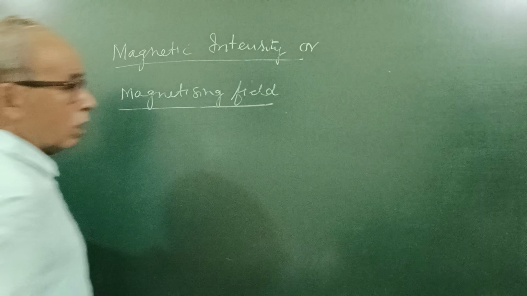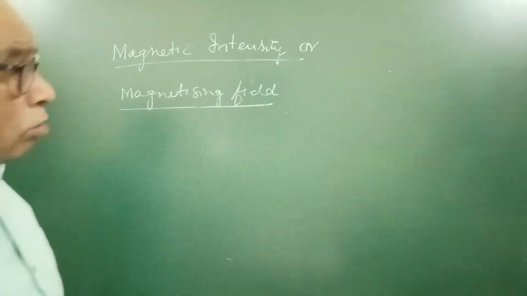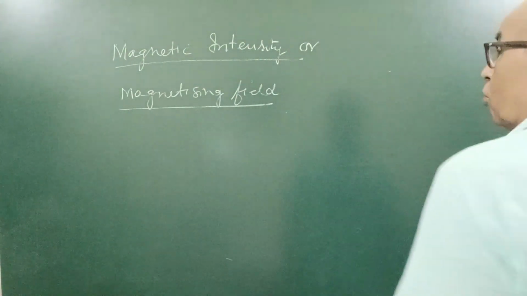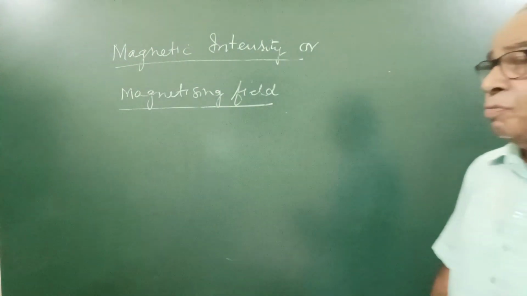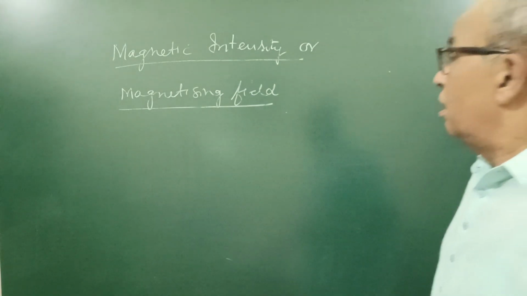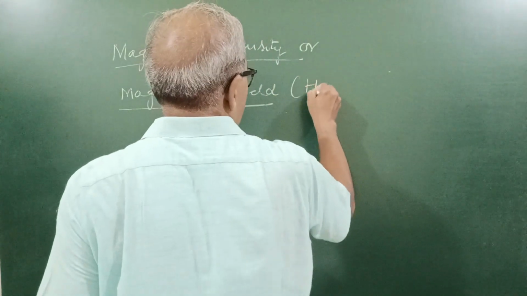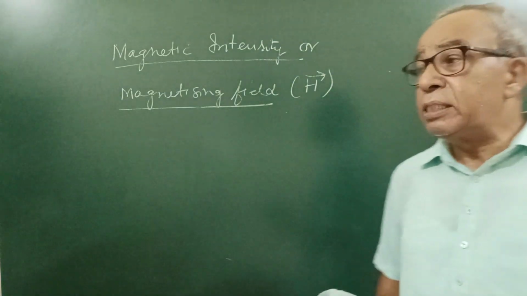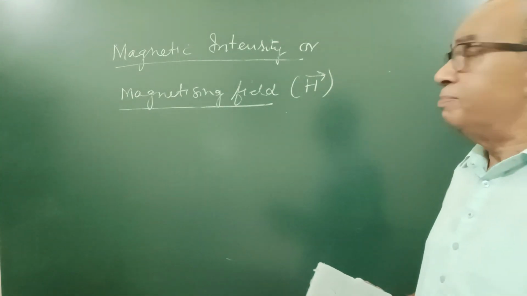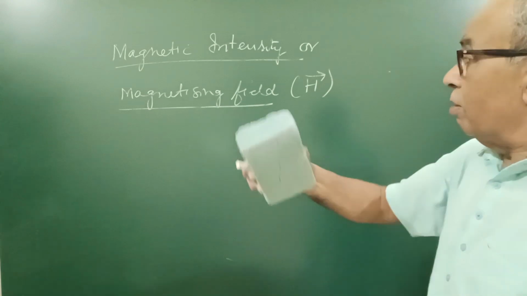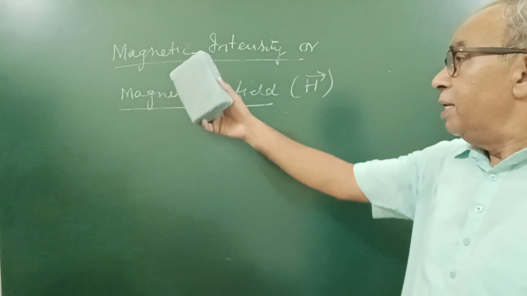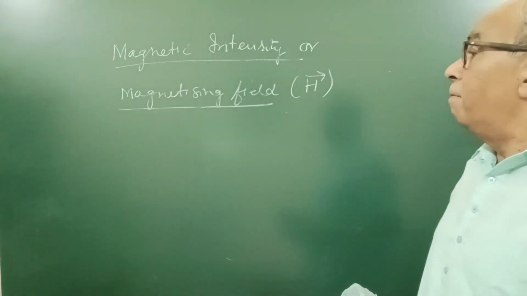Dear friend, I got it after very long thinking and after a long study of different books. Single book would not explain me what it is. The magnetic intensity vector H लिखते हैं इसको. Sorry, magnetic intensity, not intensity of magnetization, that was capital M. It is magnetic intensity or magnetizing field.